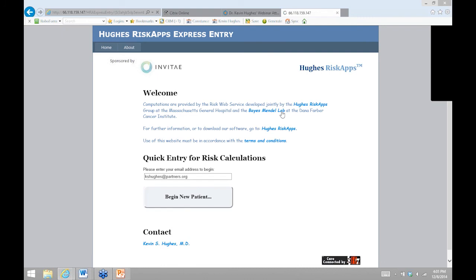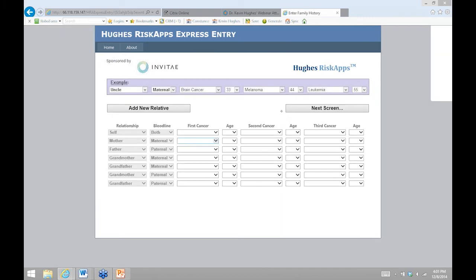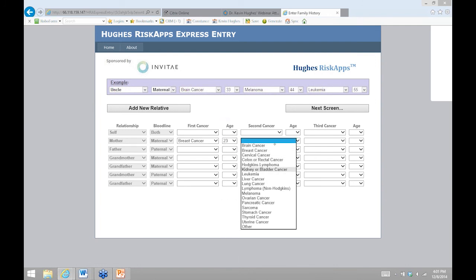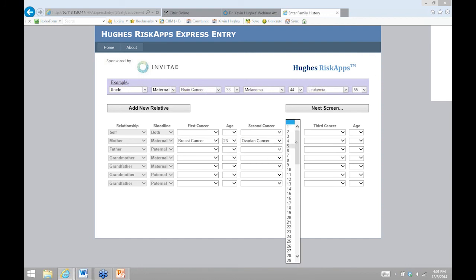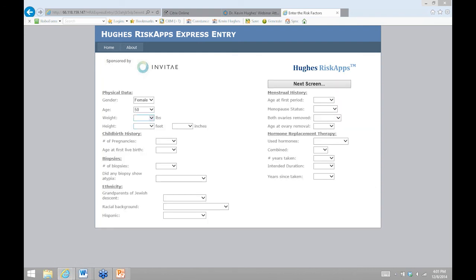start a new patient, put in family history, very simple, and this is called Express Entry for exactly the reason that it's very simplified. Not a whole lot of data you can put in. You can't put genetic testing results in, but at least you can put this much. Put in the weight, the height. She won't be 7 foot tall.